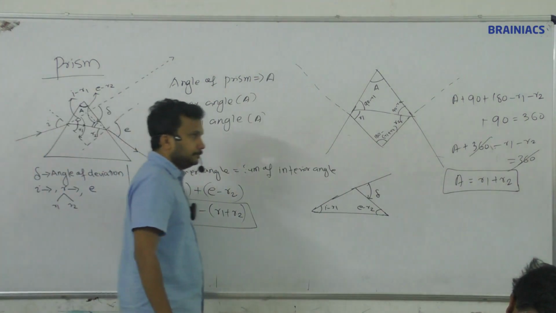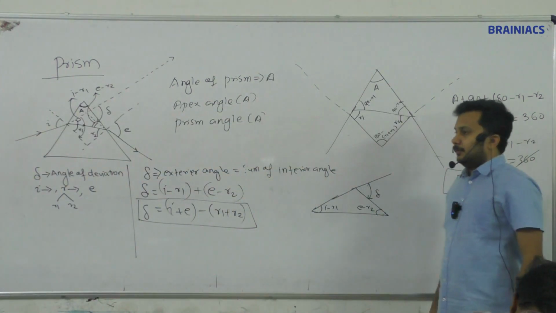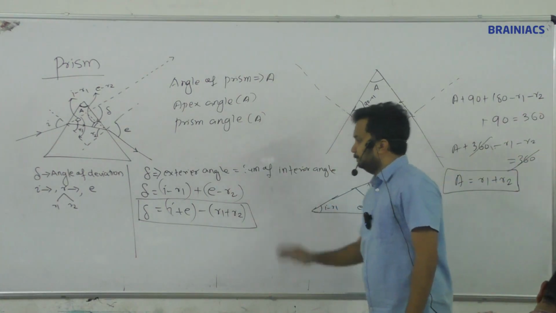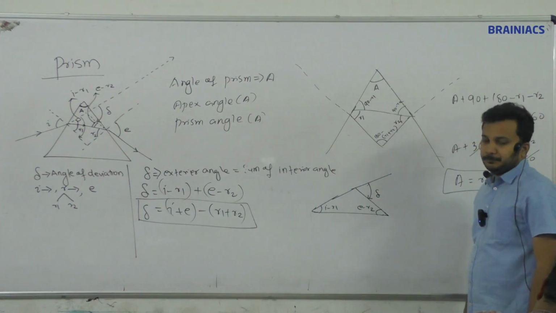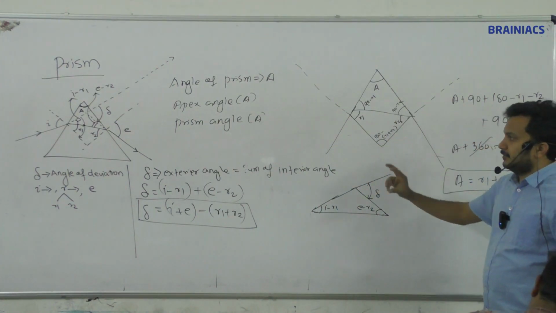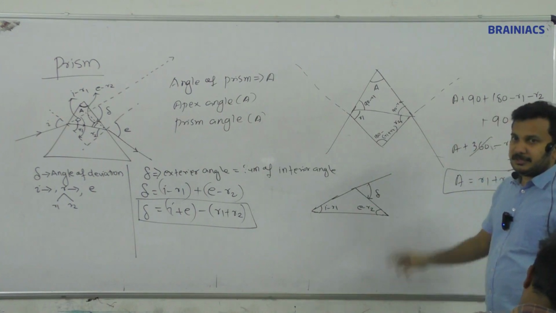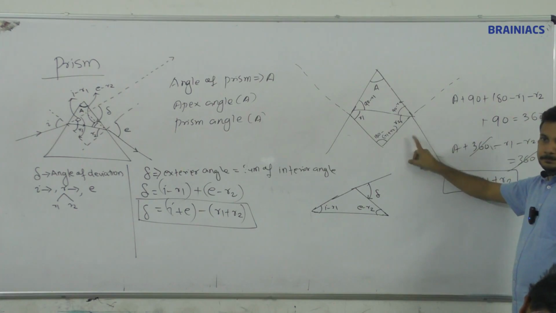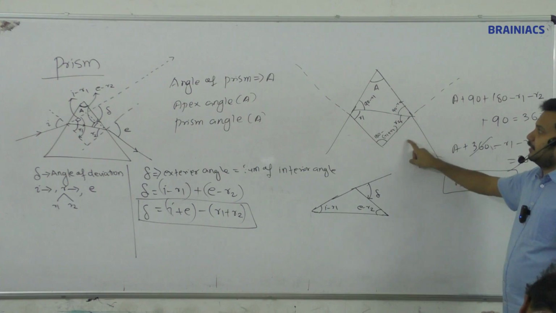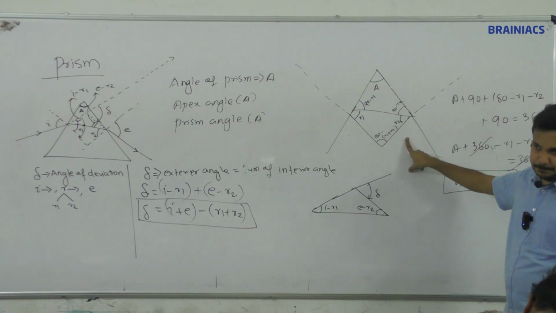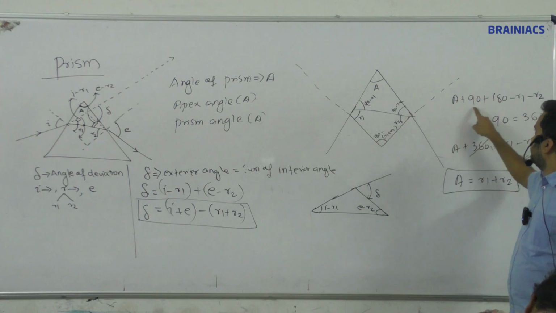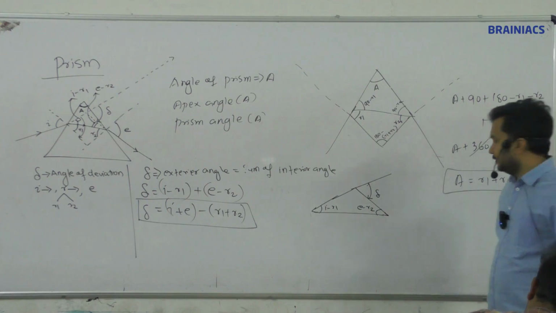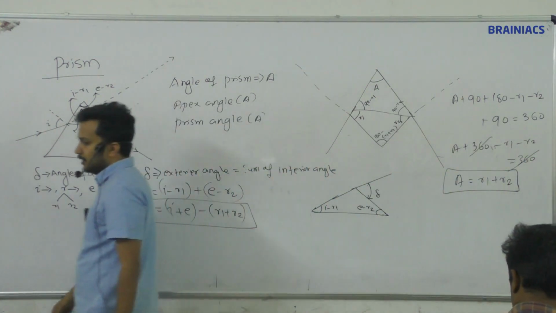Fine. Then up to this. Next heading, similar to angle of deviation, prism angle. Draw this diagram for prism angle, and then write A plus 90 plus 180 minus, till A is equal to R1 plus R2.